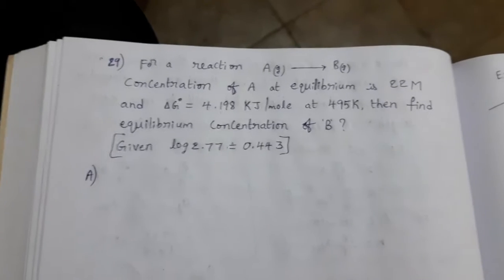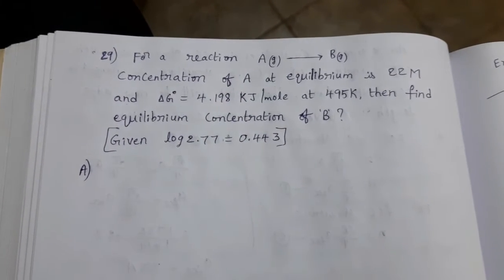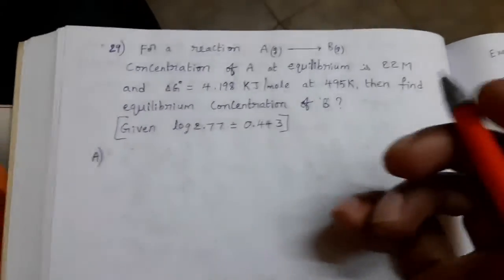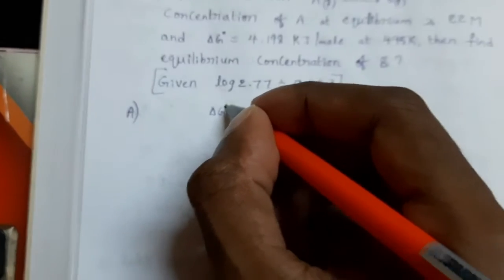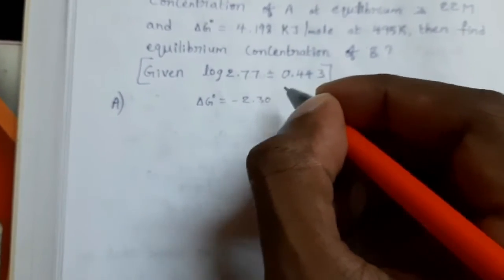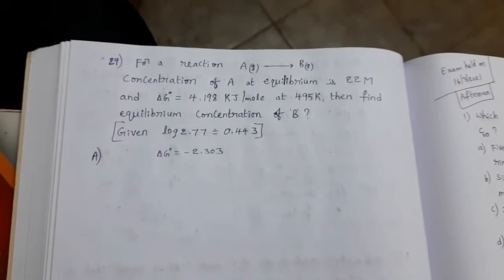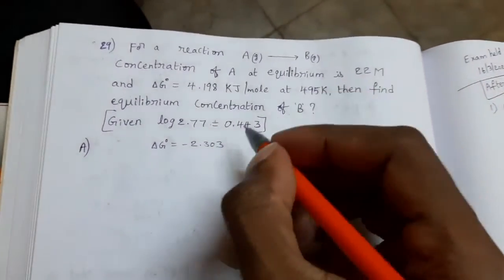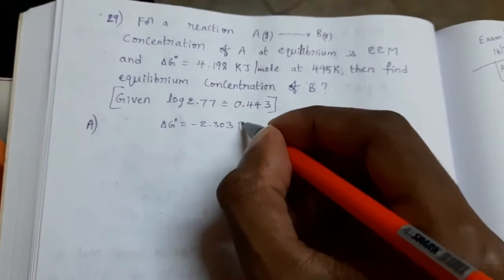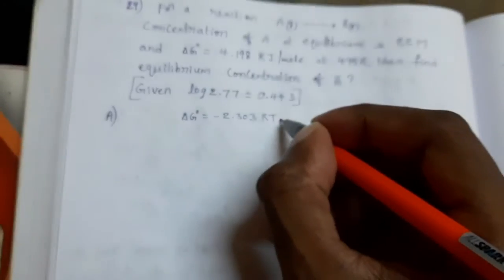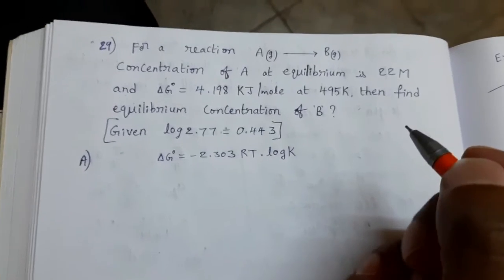Okay students, this question is related to Gibbs free energy, change in Gibbs energy of the reaction, thermodynamics chapter. For this, suitable equation is delta G naught equal to minus 2.303 RT into log K. Here K means equilibrium constant.